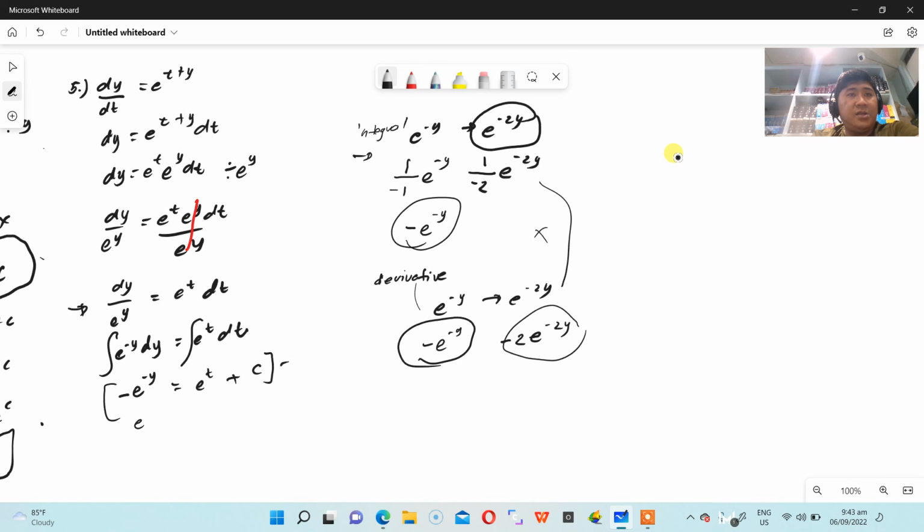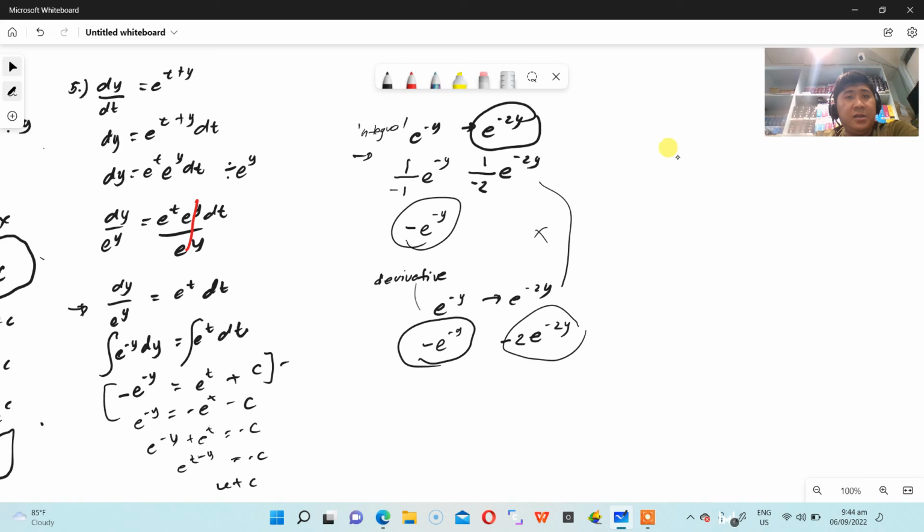So e raised to the power of negative y equals negative e raised to the power of t minus c. When we move this one, e raised to the power of negative y plus e raised to the power of t equals negative c. So you have e raised to the power of negative y plus t equals negative c.